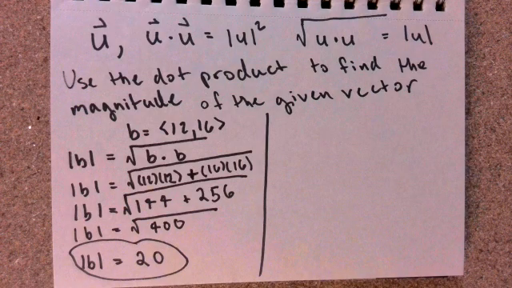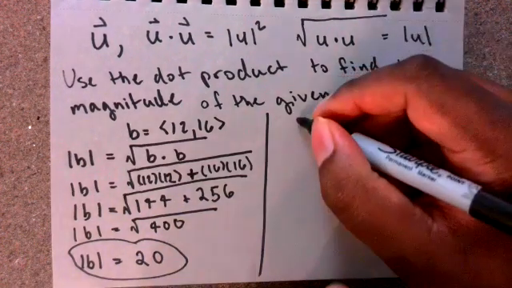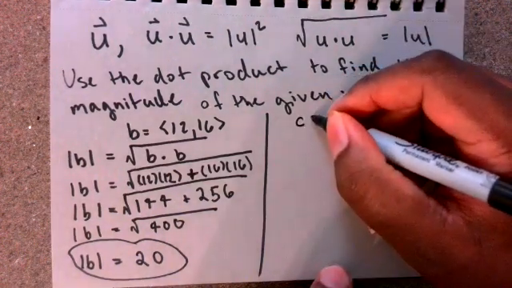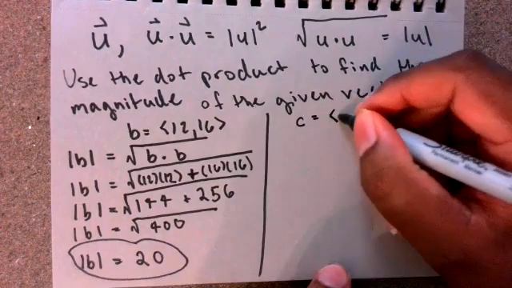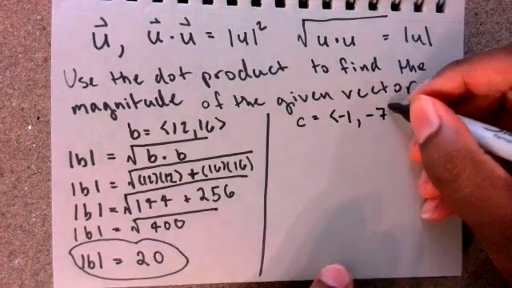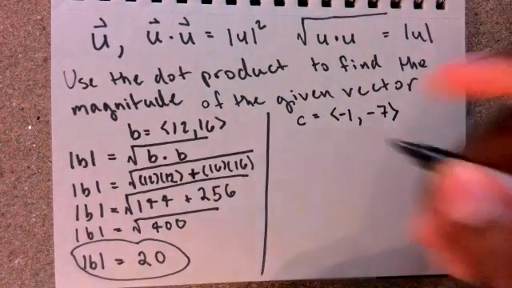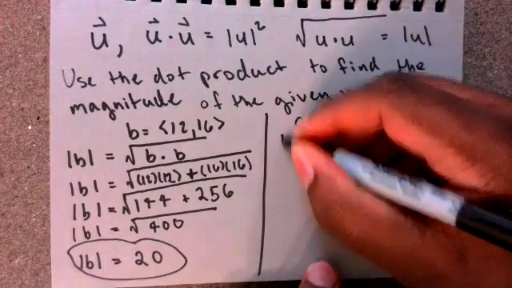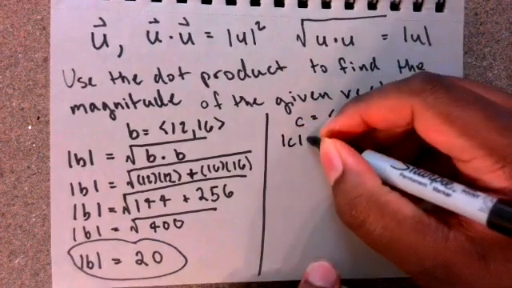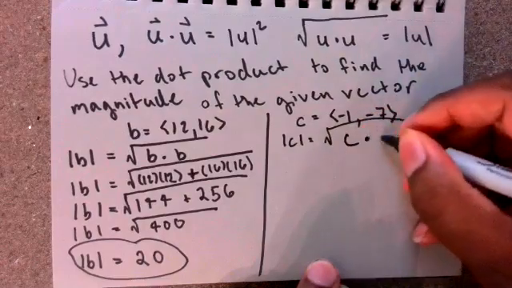Okay, second problem: we've got c equals -1, -7. The magnitude of c is the square root of c dotted with itself.